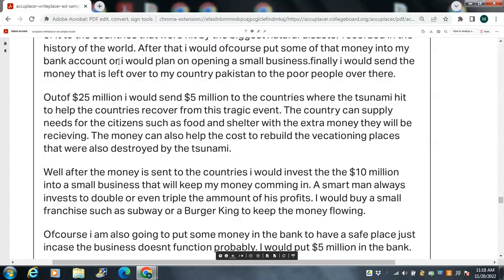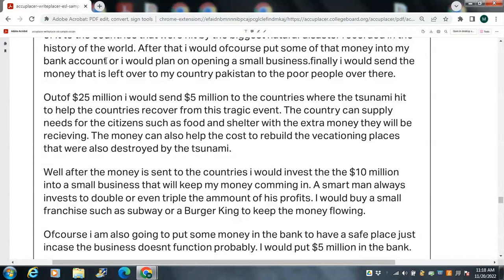Because "or" is an either-or situation, so you have a choice of the two, but not both. And because they brought up the bank account, they should have used the conjunction "and." So, comma, and I would plan on opening a small business. The other issue is the ordering. Because they said bank account first, then your paragraphs should follow that same ordering.